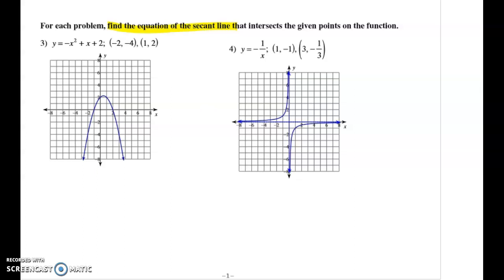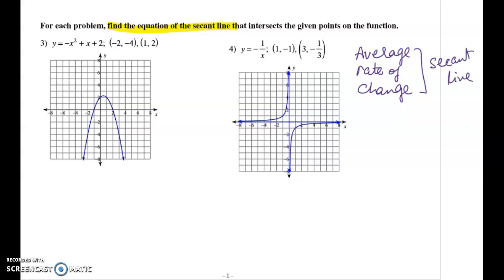As we have discussed, average rate of change is related to the secant line, right? So to find the equation of a secant line, first I need to find the slope, right?